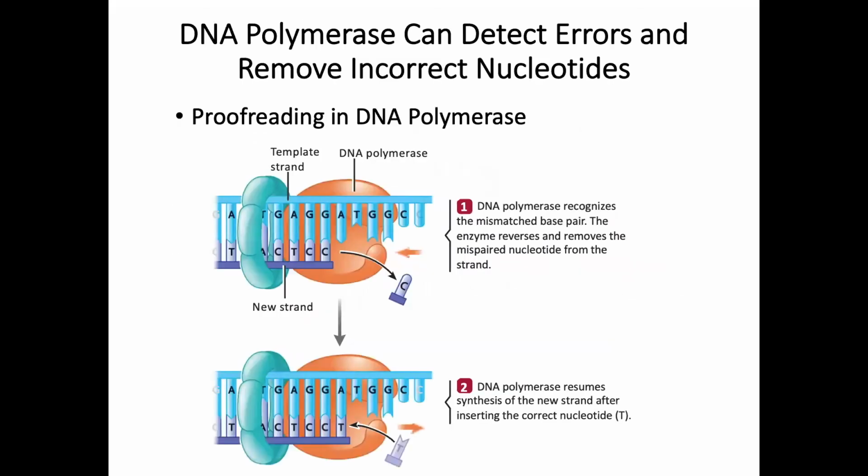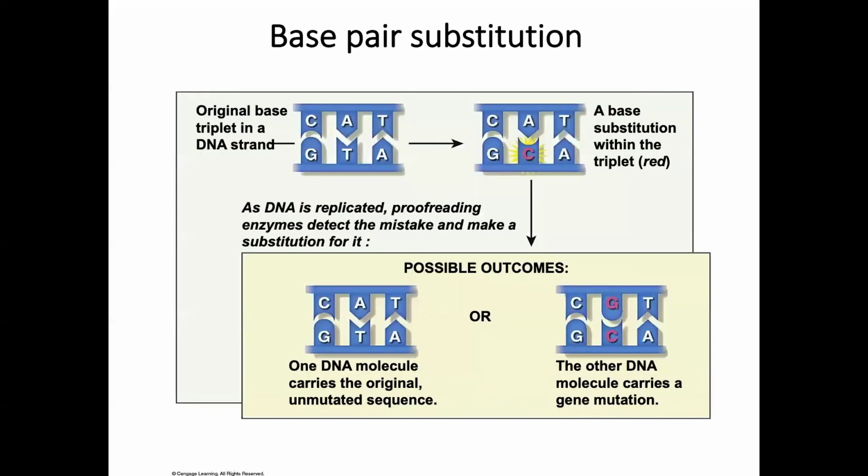This slide shows the proofreading activity of DNA polymerase. During replication, DNA polymerase can proofread the base pairing between the template strand and the new strand. If an incorrect base has been inserted into the new strand, it is removed and replaced with the correct base. Enzymes can also do base pair substitutions after replication is completed.